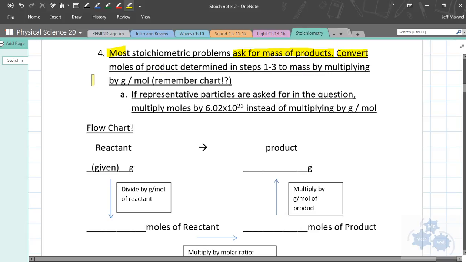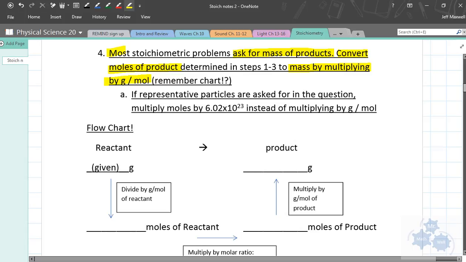We convert to moles first, and then we convert to mass by multiplying by grams per mole. Remember that little chart we drew yesterday in class. There may be a conversion from grams to moles on both sides of the equation, initially, and maybe at the end as well.